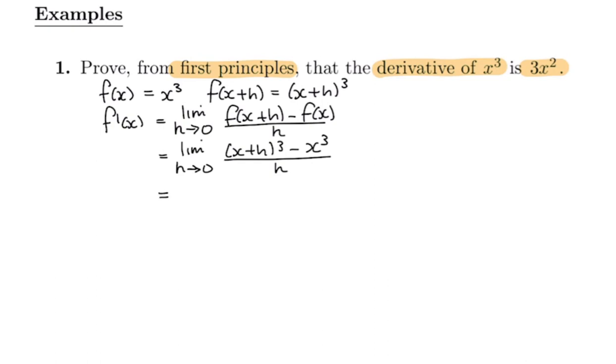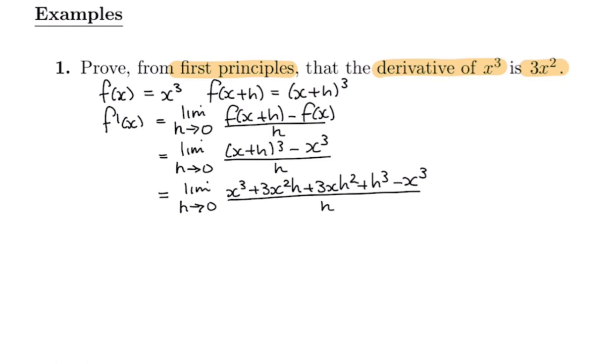We're now going to expand, so we get the limit as h tends to 0 of x cubed plus 3x squared h plus 3x h squared plus h cubed minus x cubed divided by h. Now what you'll notice is the x cubed cancel each other out because you've got x cubed minus x cubed.